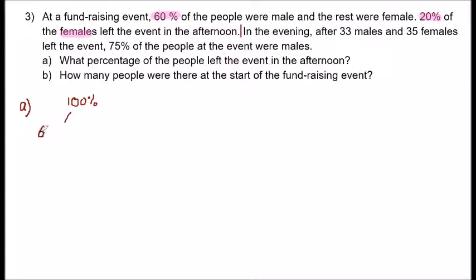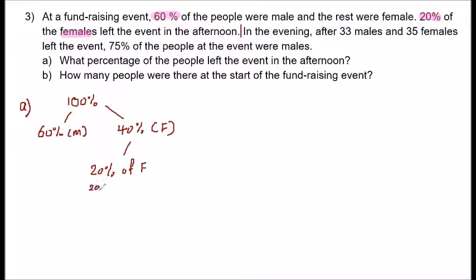If 60% were male, that means 40% would be female. And this 20% of the female that left the event in the afternoon, it has to be 20% of the female.